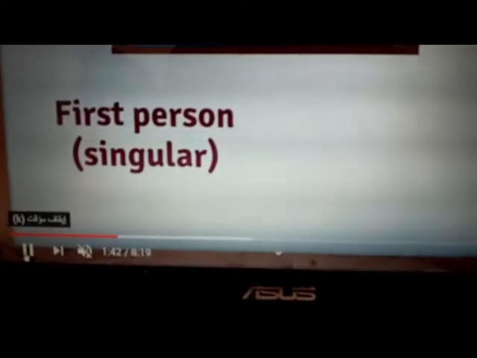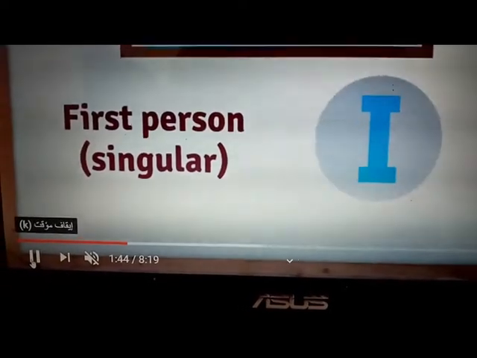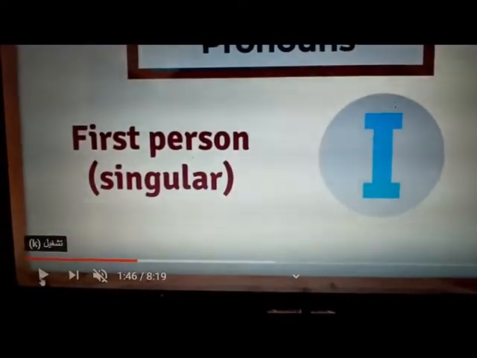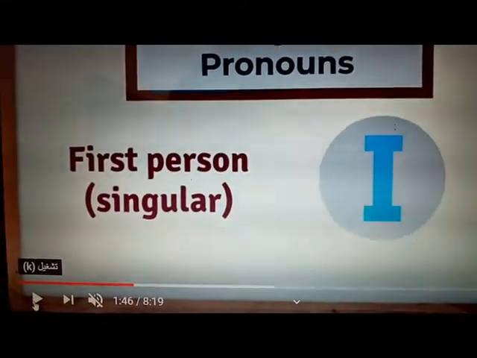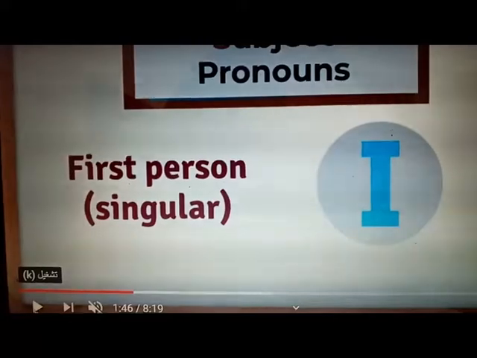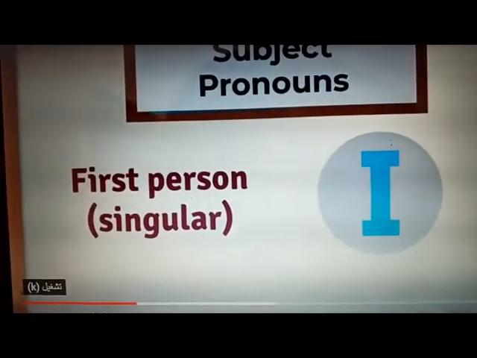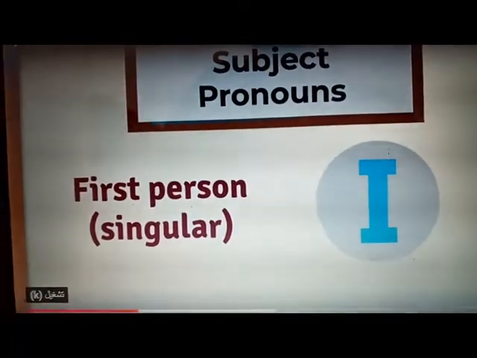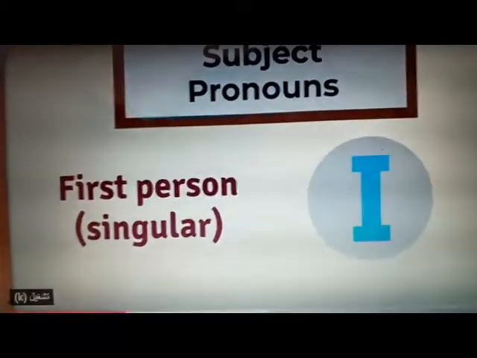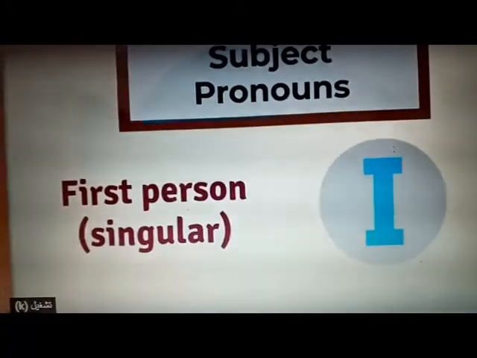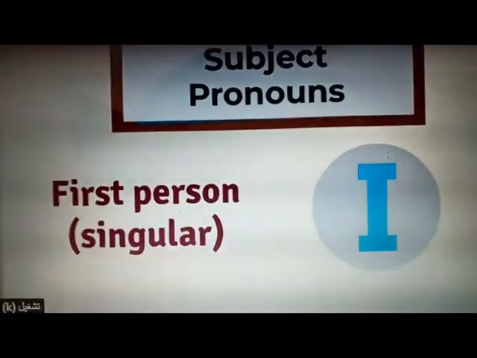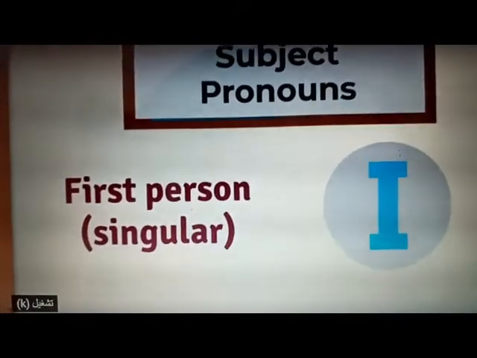We will start now. Take them one by one in detail. First person singular pronoun. That means that I speak about myself, so I will use I. What can I use? The pronoun I. And take care that the pronoun I must be capitalized in any place in the sentence, at the beginning or in the middle.